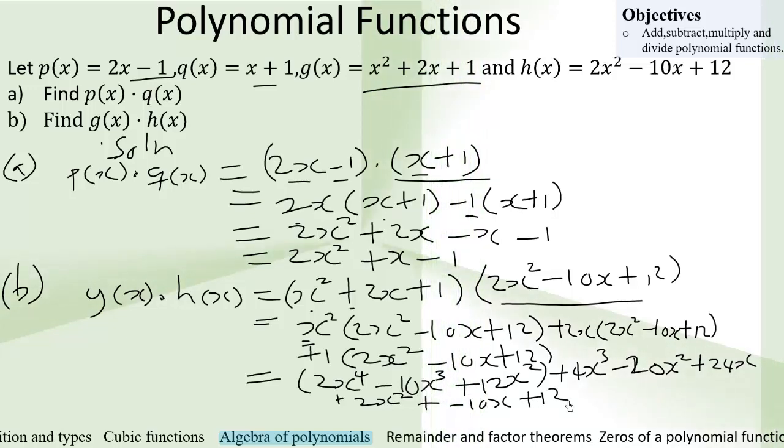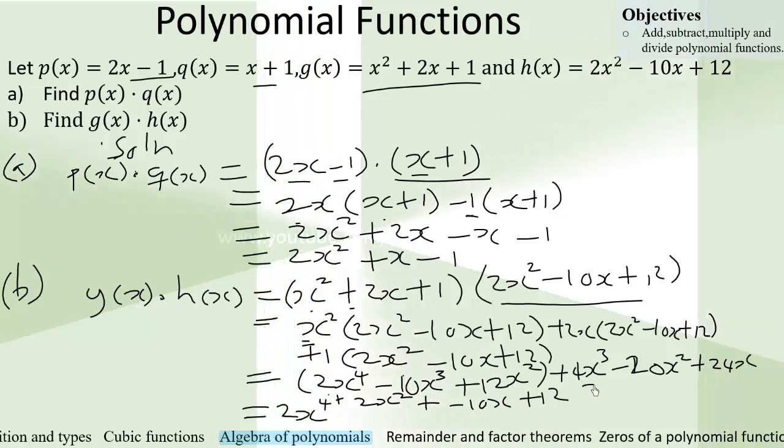So we add the like terms. The 2x exponent 4 does not have any corresponding term, so we have 2x exponent 4. Then we have negative 10x cubed here. Then we also have 4x cubed. But that will give us negative 6x cubed, so minus 6x cubed.